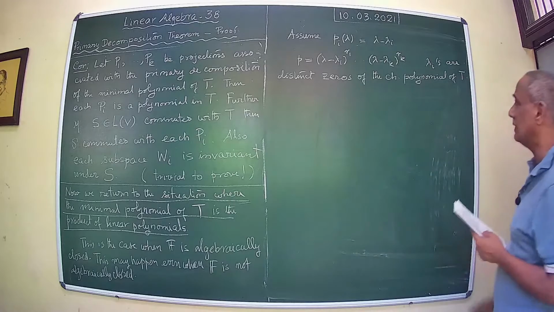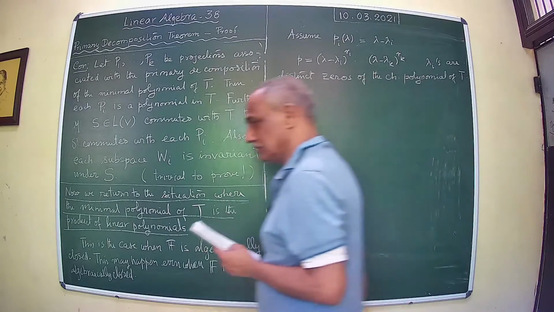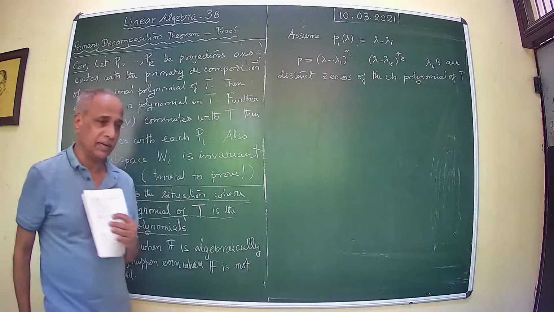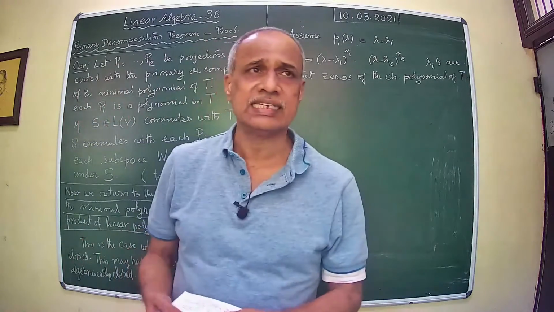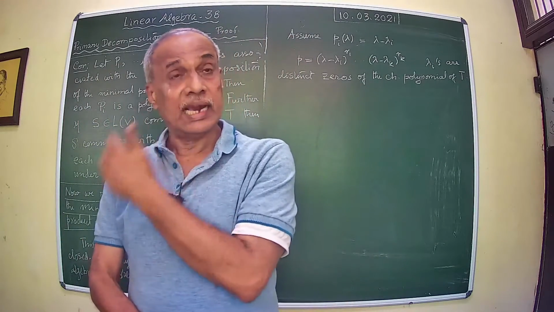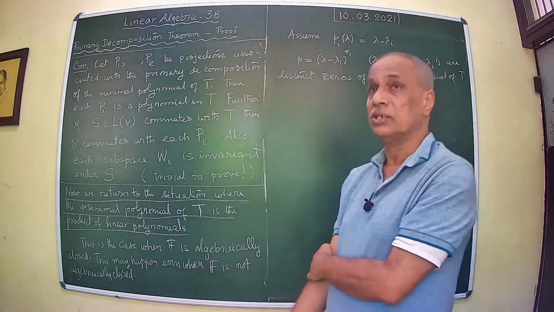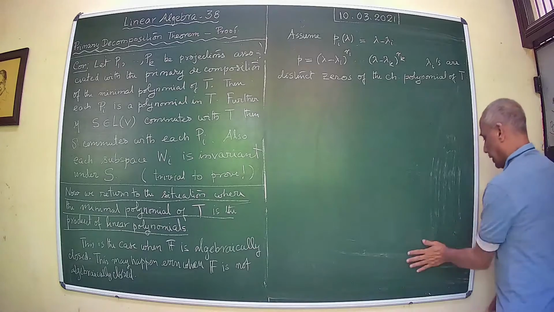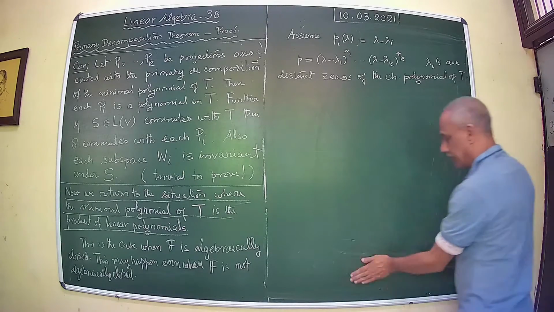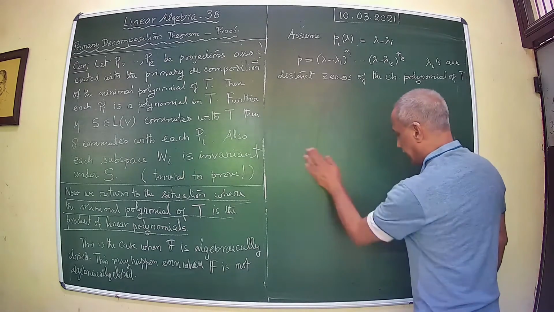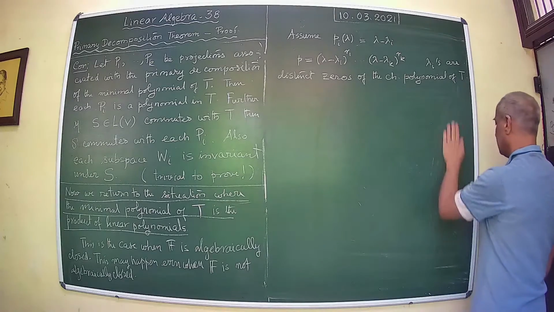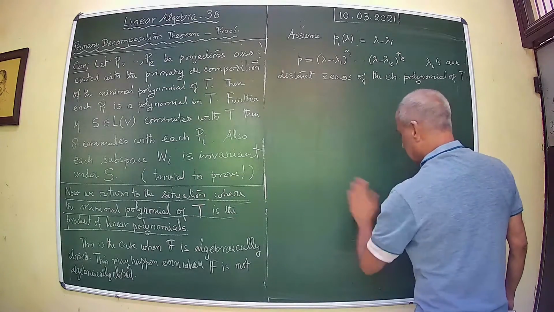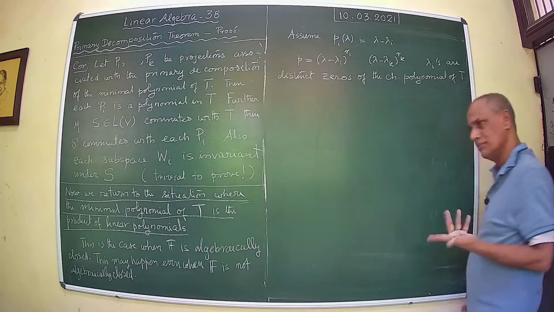Now you see that this kind of breakup will happen when the field is algebraically closed. For instance, in C, every polynomial splits into linear factors. And we also have the theorem that given a field F, there exists an algebraically closed field in which F is embedded.